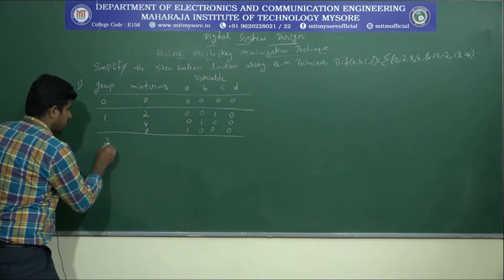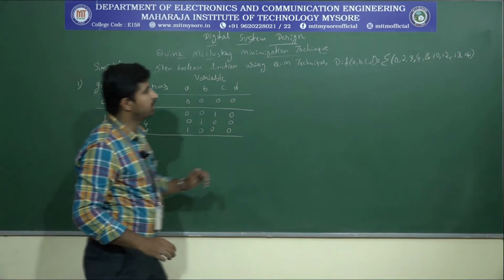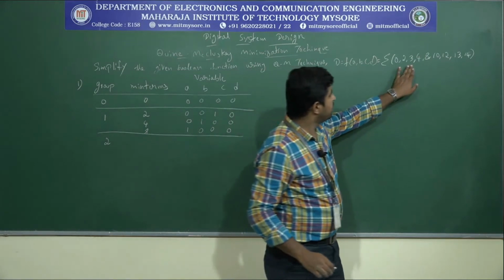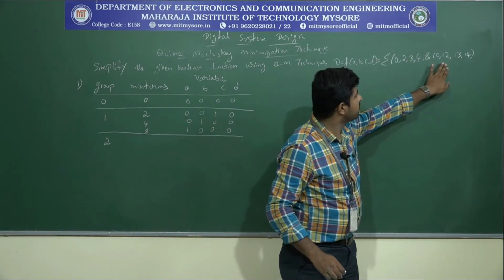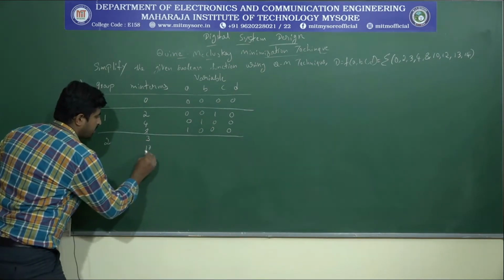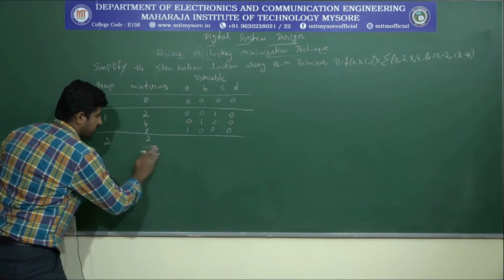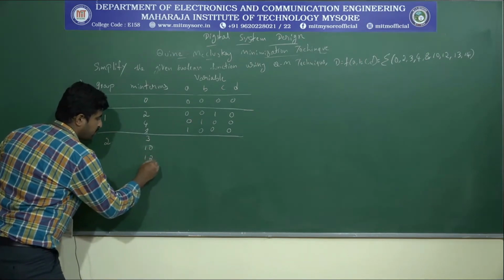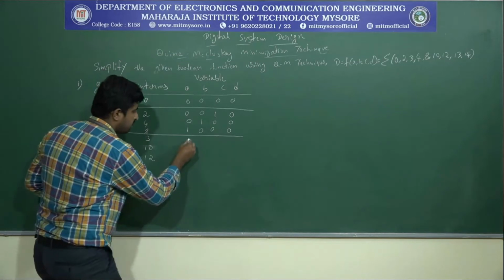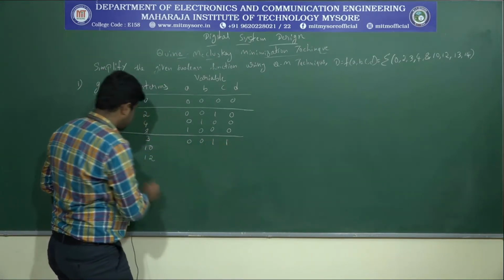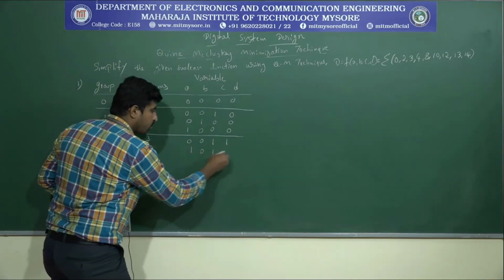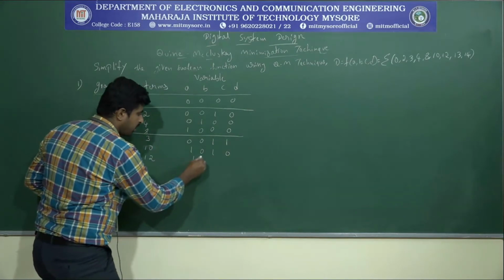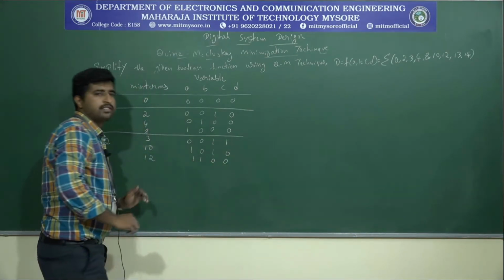Next the group containing two logical ones: 3, 10, 12. So 3 is 0, 0, 1, 1, 10 is 1, 0, 1, 0, 12 is 1, 1, 0, 0.